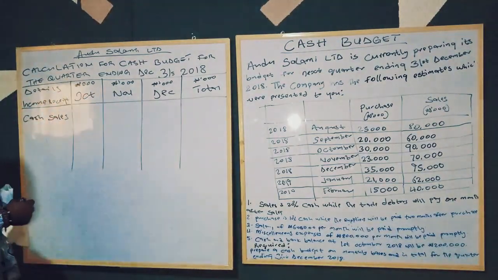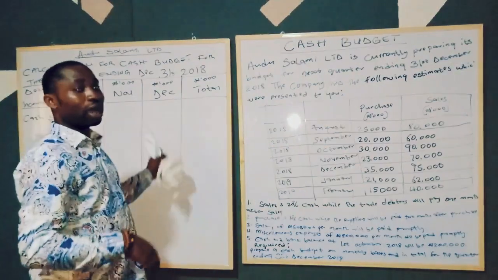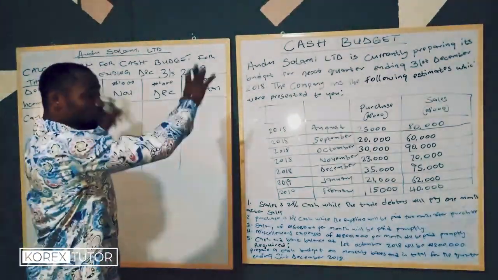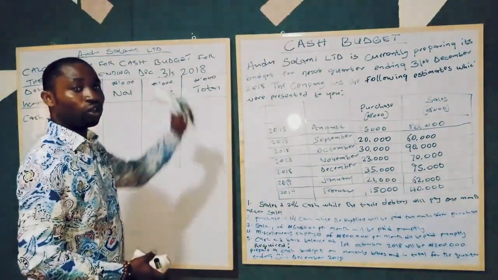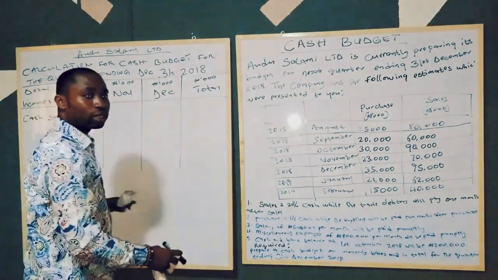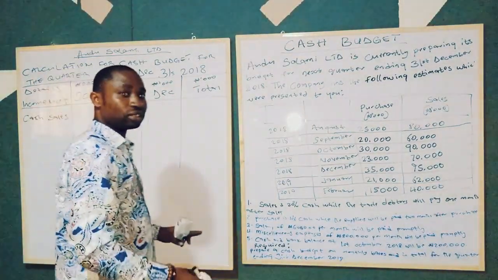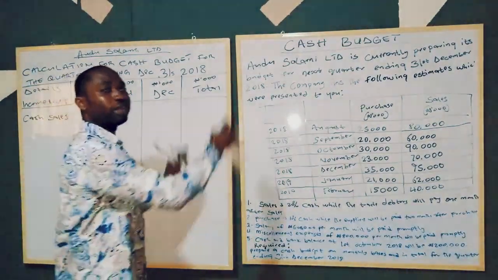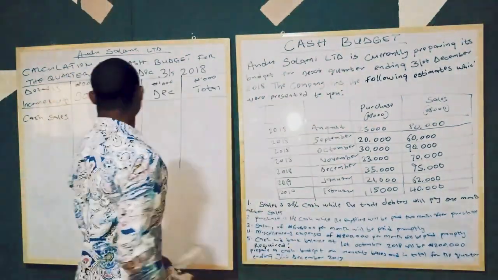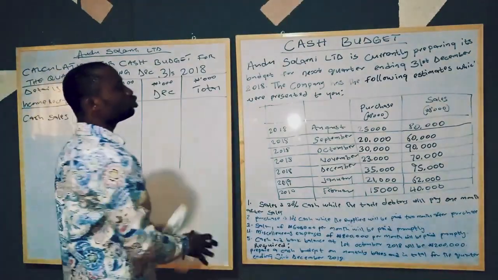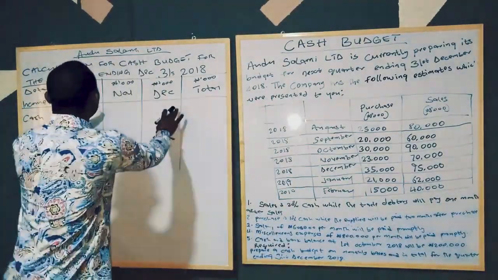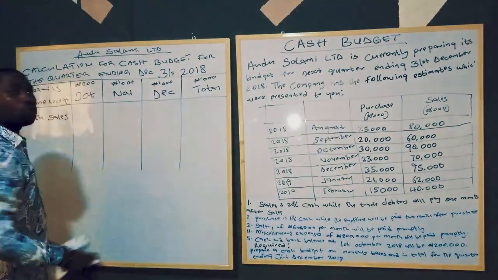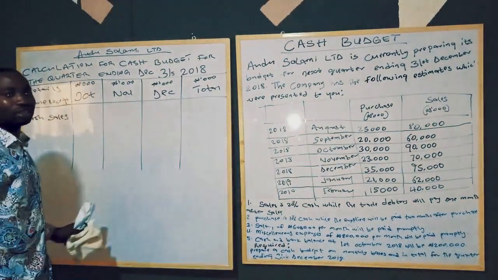From the previous calculation that we did, where we worked out the cash sales for each month and the money received from credit sales in each month, we are just going to the cash sales under these 3 months and putting it in directly.